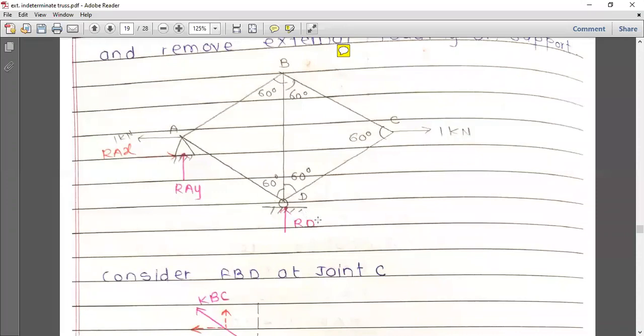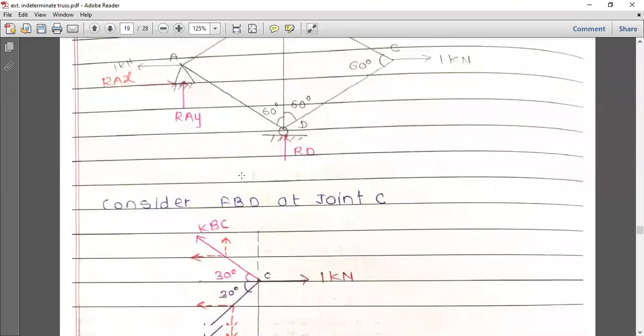Of course RAX should go towards the left side to keep the structure in equilibrium. This applied force, 1 kN, is going right at joint C. That's why at joint A, RAX should go towards the left side.